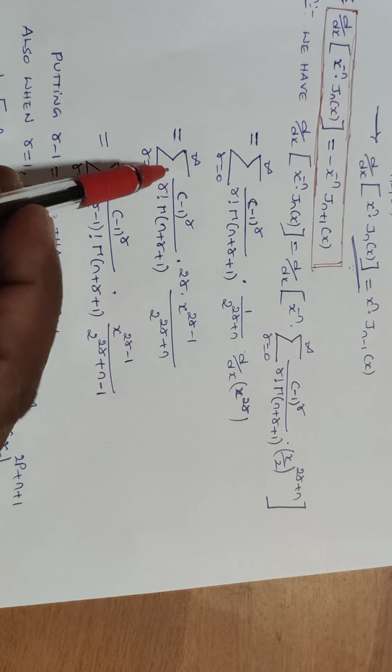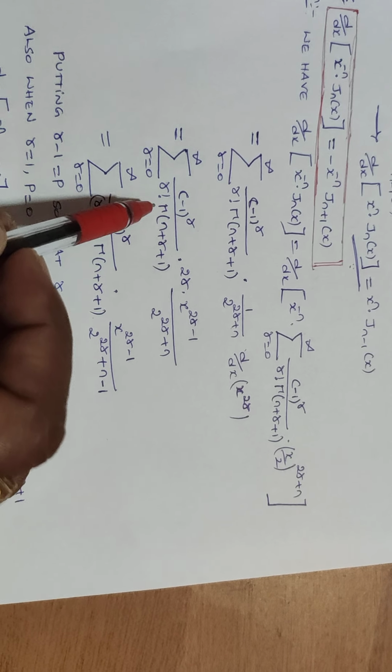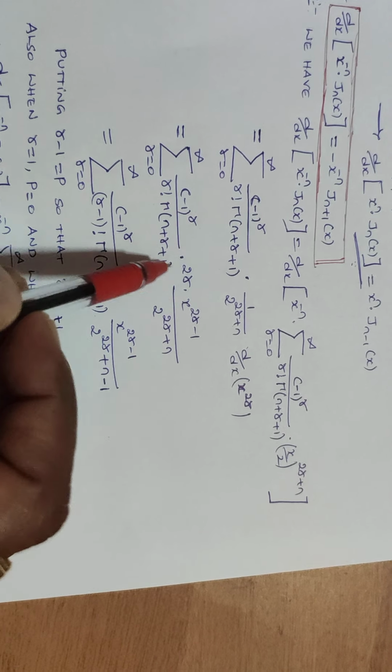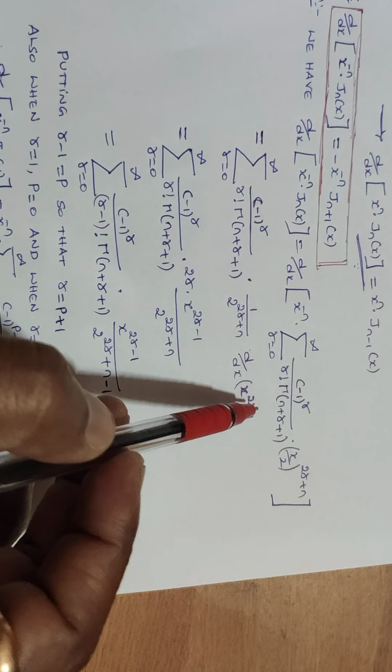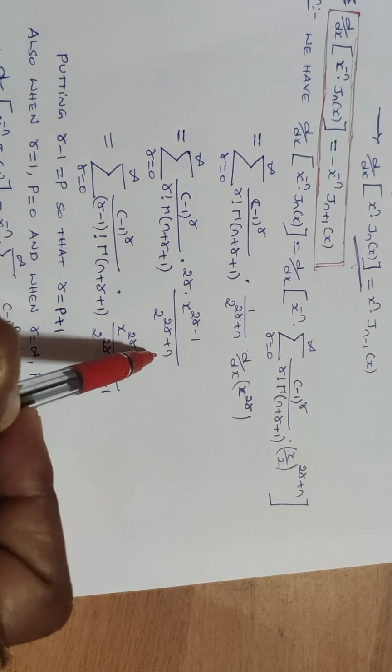So which is equal to summation of r equals 0 to infinity, minus 1 to the power r divided by r factorial into gamma of n plus r plus 1 into 1 divided by 2 to the power 2r plus n.